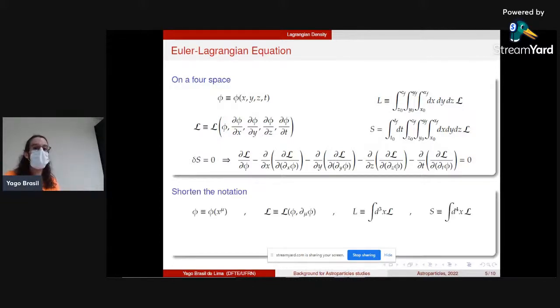So to shorten the notation, I can use tensors. So my space-time I can notate using that symbol, and using the 4-gradient I can shorten even more the notation of the Lagrangian density and my other entities. So my Euler-Lagrange equation will become this.